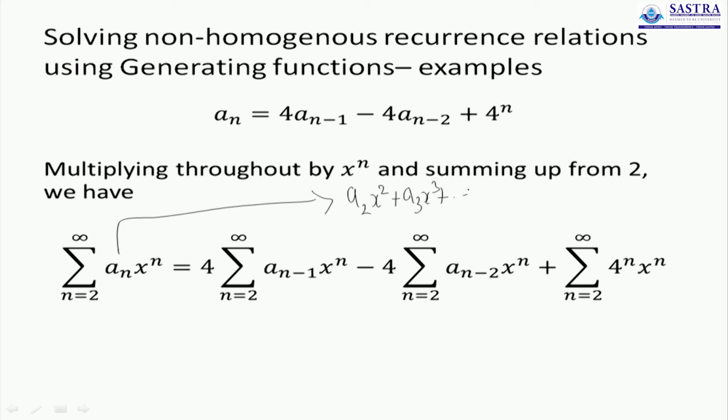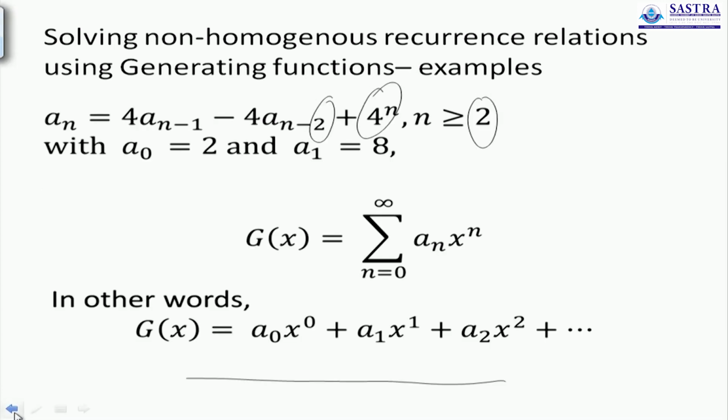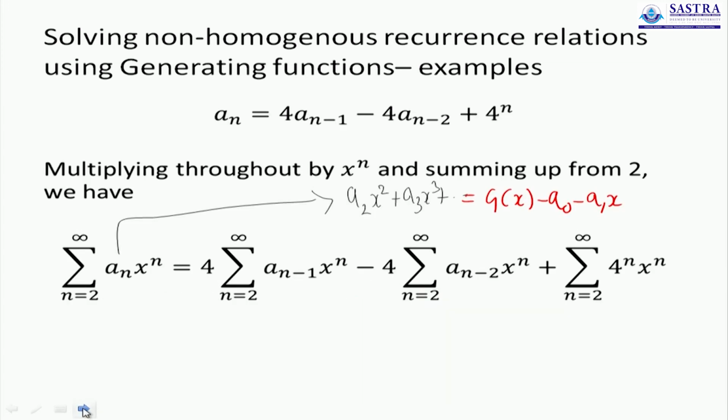But what is the problem here? We are missing 2 terms. So this is in fact g of x from which I have already removed a0 and a1x, because if you can recall, g of x is a0 plus a1x plus a2x squared, so on and so forth. These 2 terms are missing in the summation, and therefore they have to be removed from the answer.